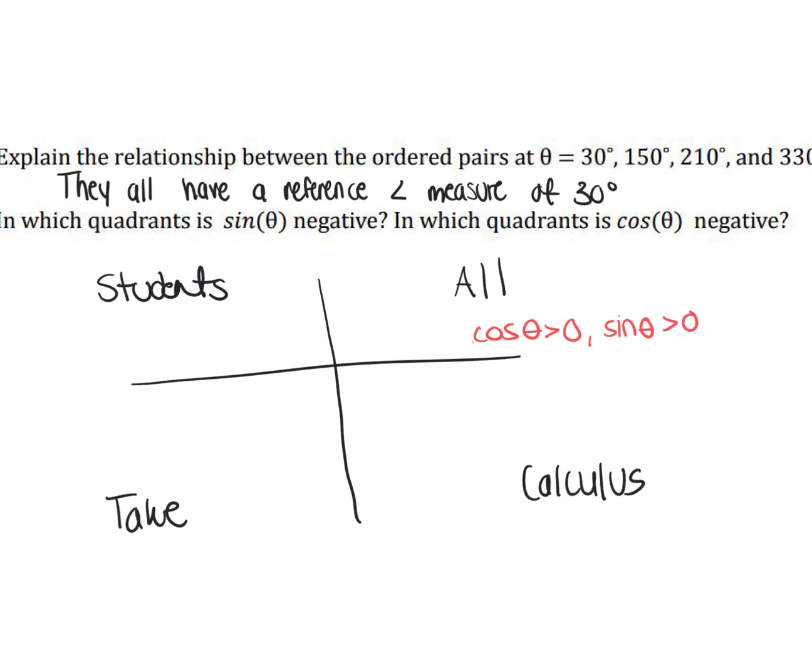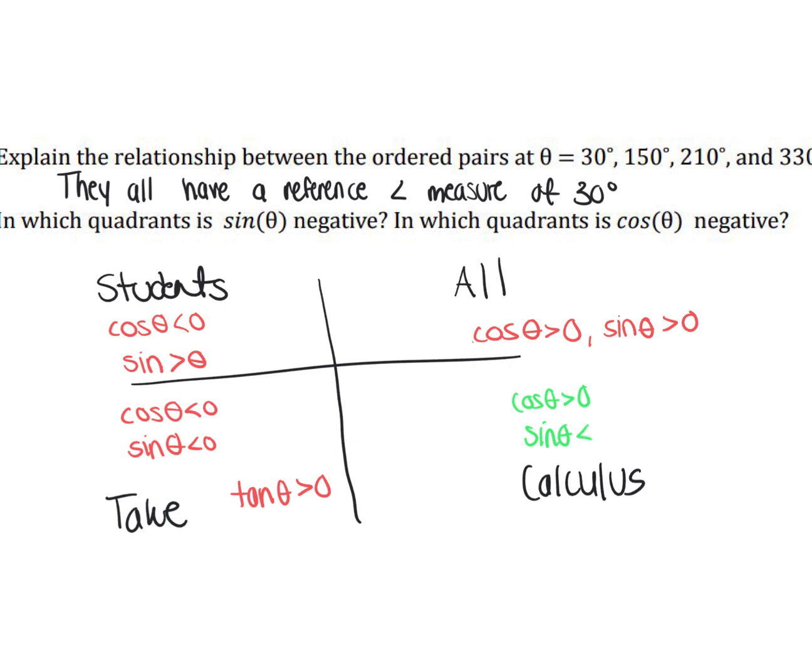In this quadrant, cosine of theta is less than 0, sine of theta is greater than 0. In this quadrant, cosine of theta is less than 0, sine of theta is less than 0. The T stands for tan of theta is greater than 0. And then C for the calculus, cosine of theta is greater than 0, sine of theta is less than 0.